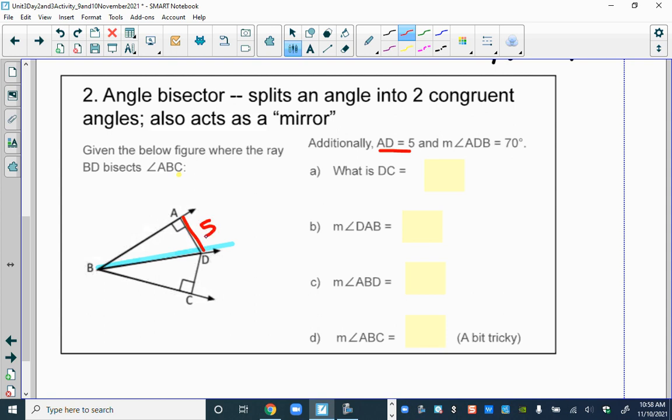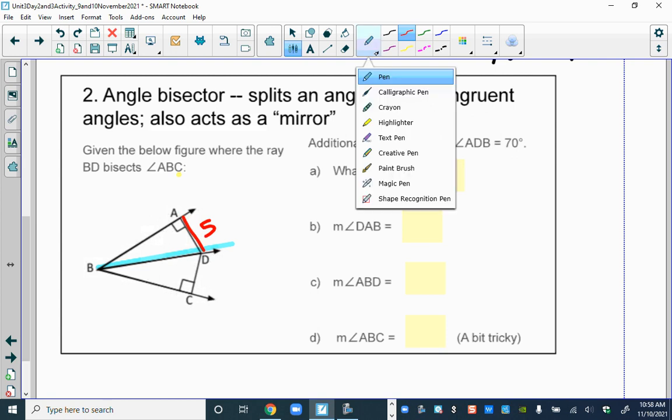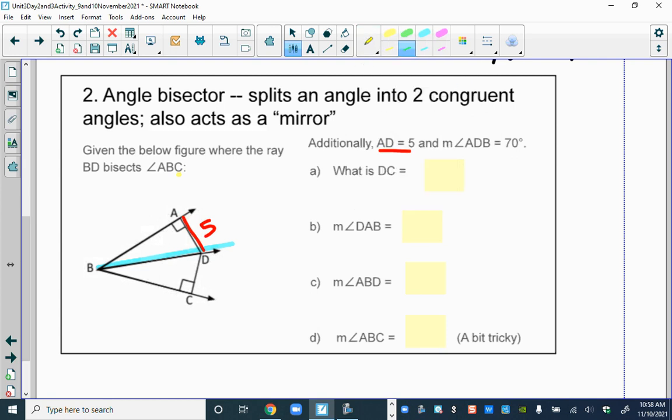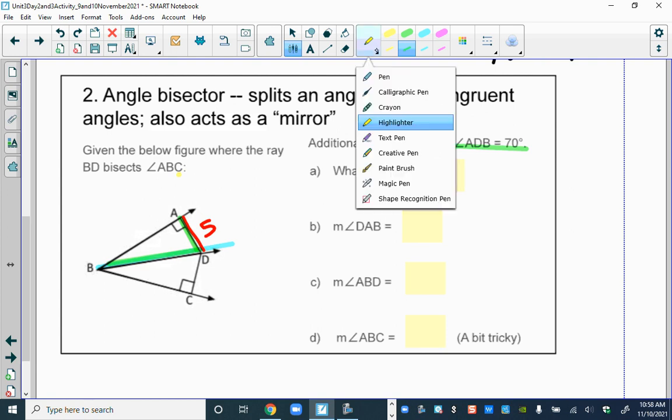They also told us that angle ADB, so A to D to B, was 70 degrees.